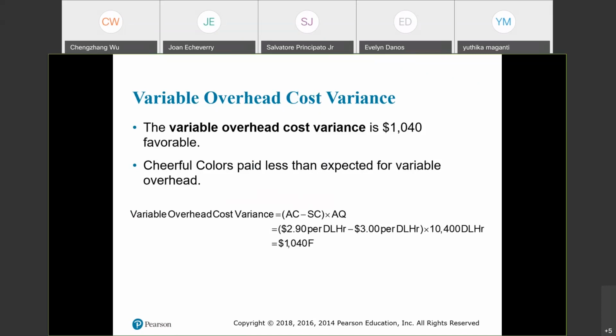So next, let's see how this $1,040 favorable variance is resulted.